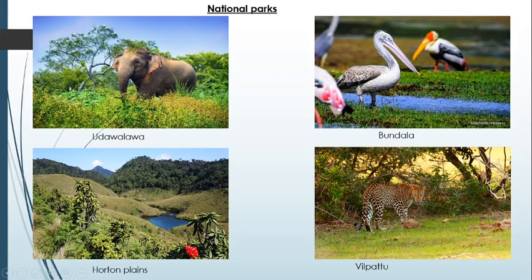Horton Plains is a mountain forest, so it has a totally different environment from the other national parks. Such national parks also have different environmental conditions, and the organisms living in these national parks are also different from each other.